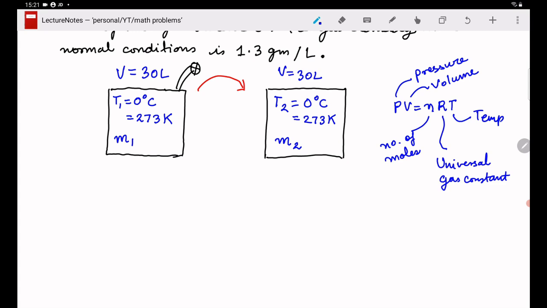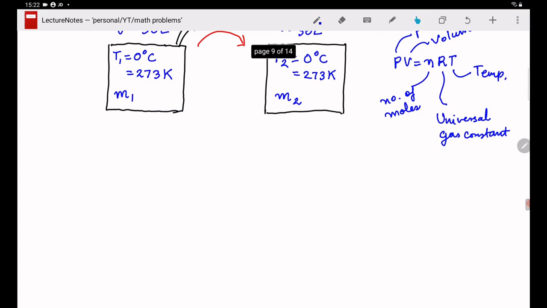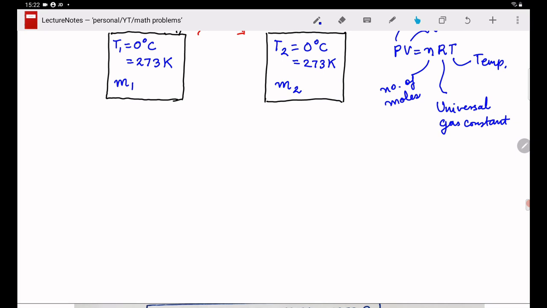However, before doing any calculations, let's stop and think. What is changing? The vessel is rigid, so the volume remains constant. The temperature is also given to be constant. Now we already know the equation PV is equal to nRT.